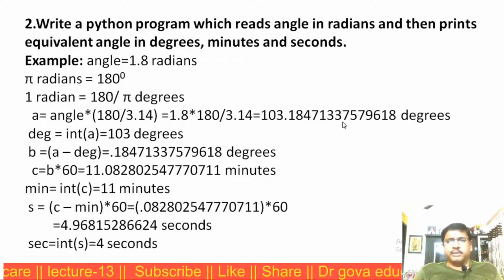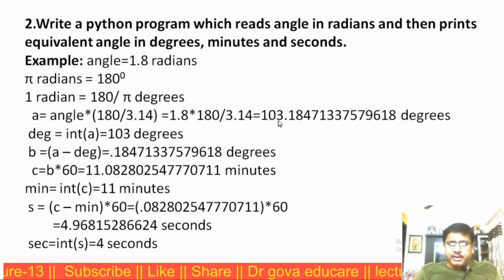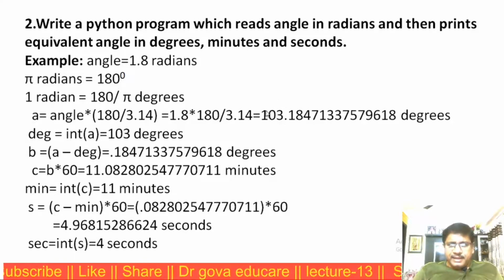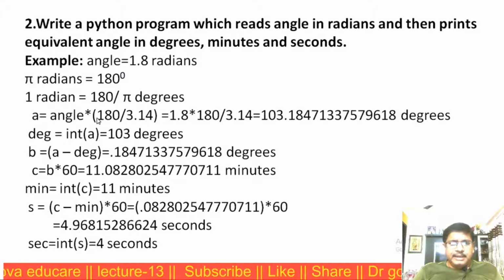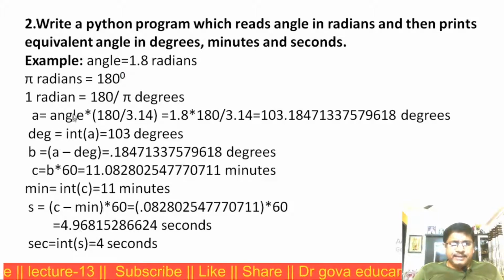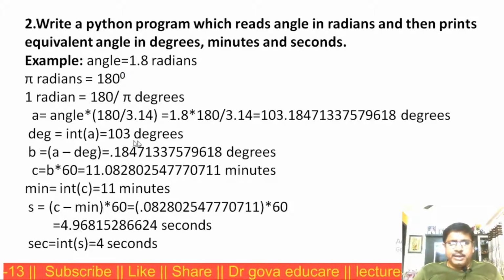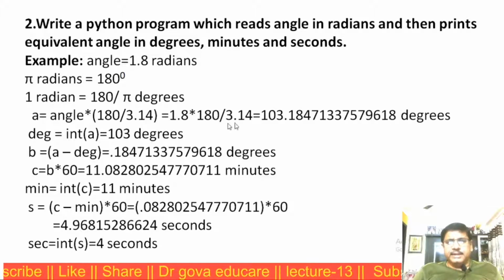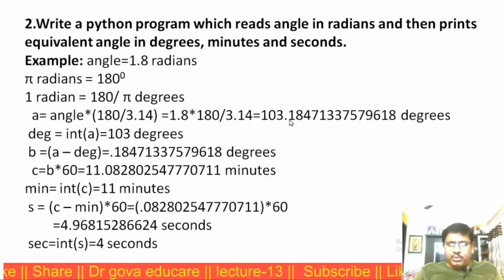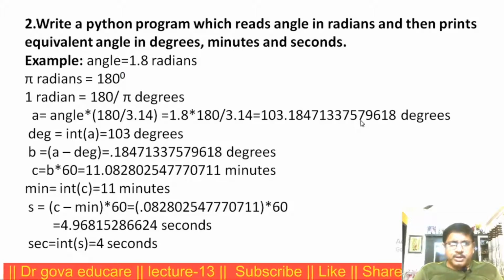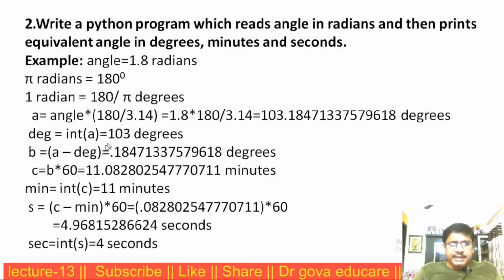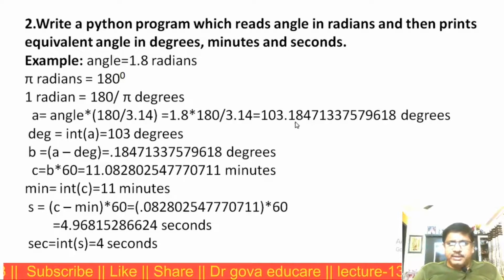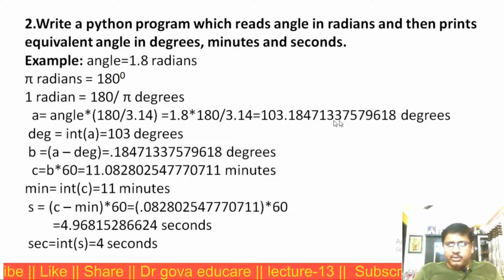103.1847 and so on. Now here the integer part is degrees. I want to retrieve the integer part, int of a, that is degrees is equal to int of a. We get 103 degrees. Now I want to get the fractional part. For the fractional part, a minus degrees, we get 0.1847 and so on.